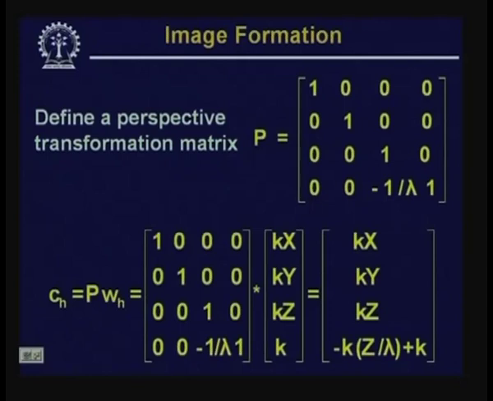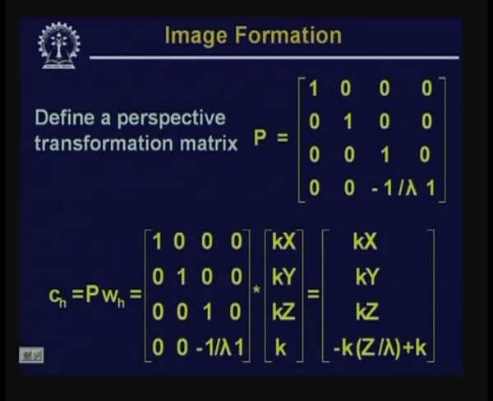The homogeneous coordinate Wh is transformed with this perspective transformation matrix P, and what we get is the homogeneous coordinate of the image point to which this world point W will be mapped. After the perspective transformation it is obtained as kX, kY, kZ, minus kZ by lambda plus k.